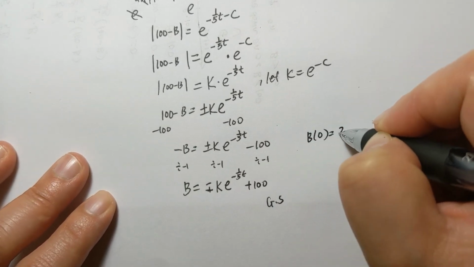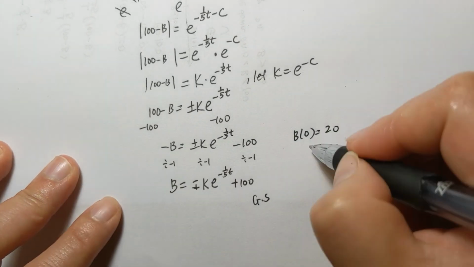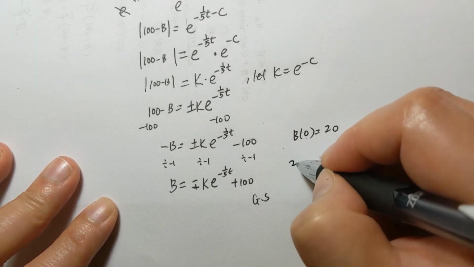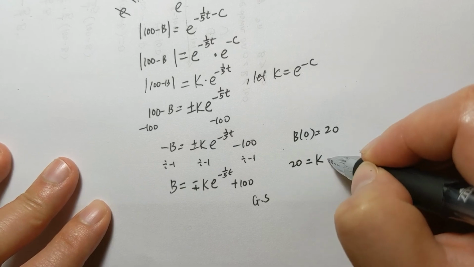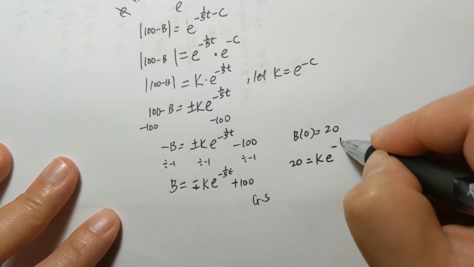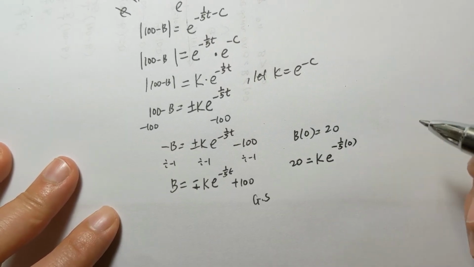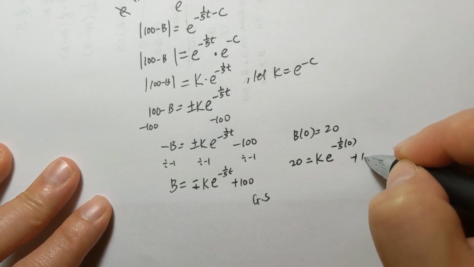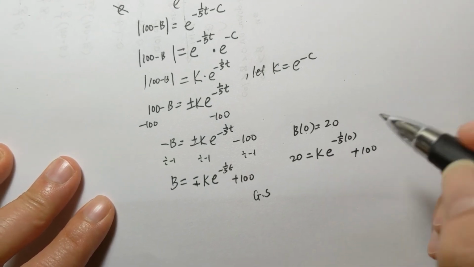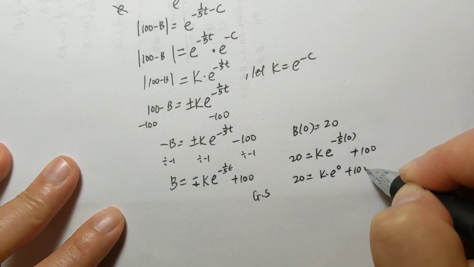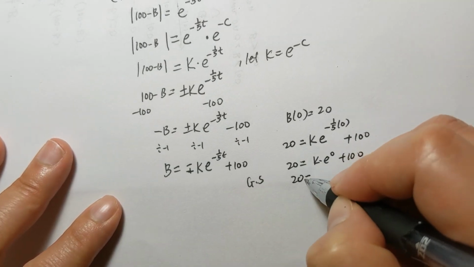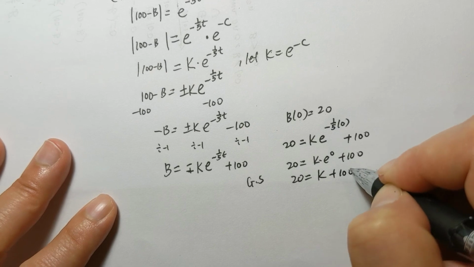Because B of 0 equal 20, we substitute 0 and 20. So 20 equal to, using the positive branch, k times e to the negative 1/5 times the time, plus 100. Now we can solve for k. So 20 equal to k times e to the 0 plus 100, and 20 equal to k plus 100.